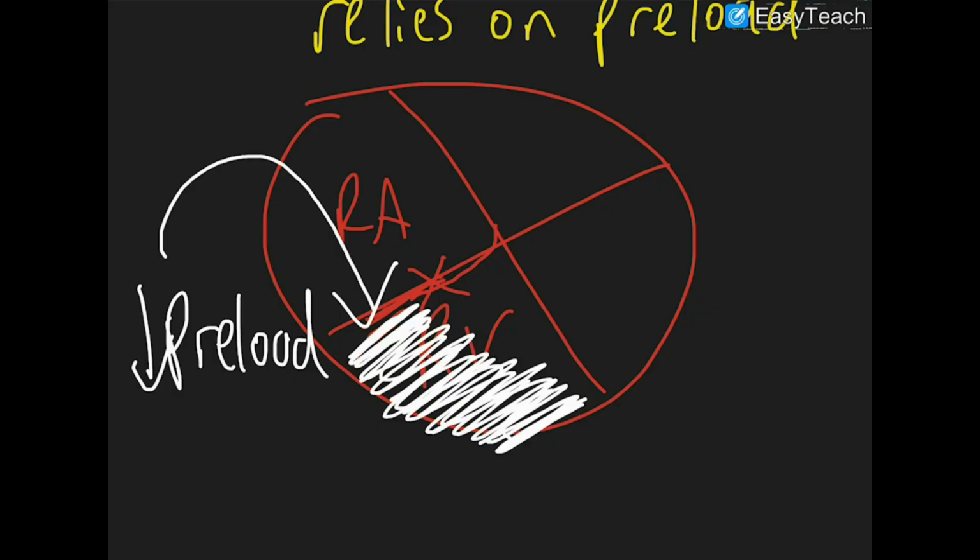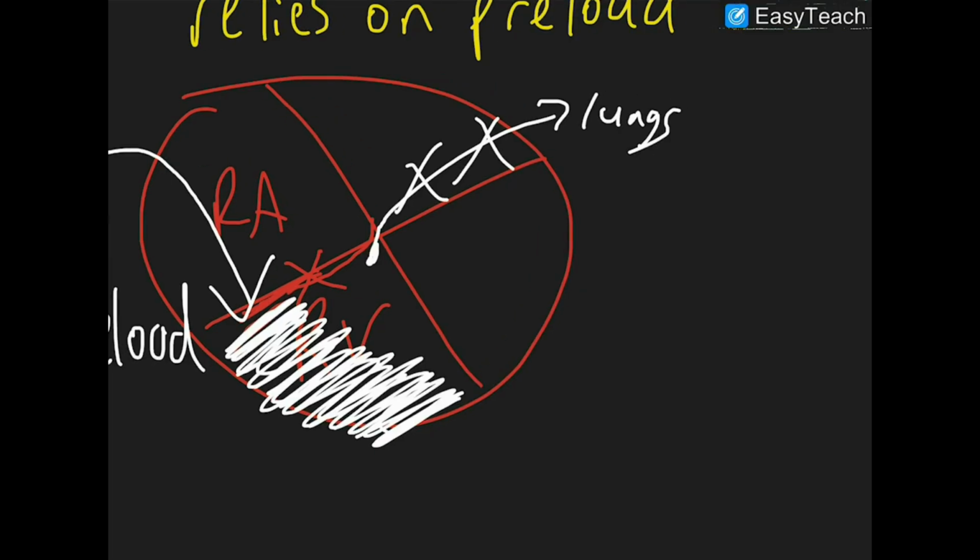Because if you decrease preload, you're not pumping much blood to the lungs anymore at all, which means you're not returning any oxygenated blood to the left ventricle. So you're reducing left ventricular filling and the amount of oxygenated blood coming to the left ventricle, which means you're decreasing systemic perfusion a lot. Because if you're not pumping enough blood to the lungs, not much blood is going to come to the left ventricle, and that means your left ventricle is not going to be pumping much blood out to the systemic circulation.